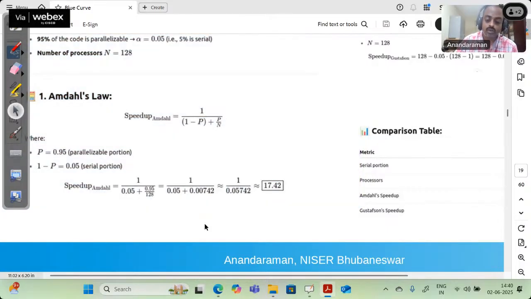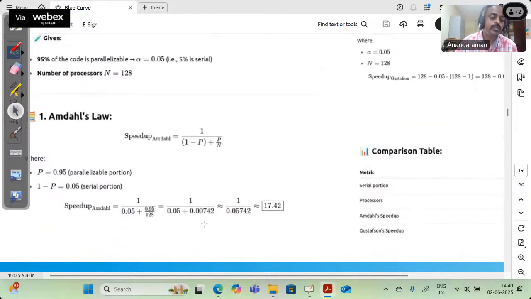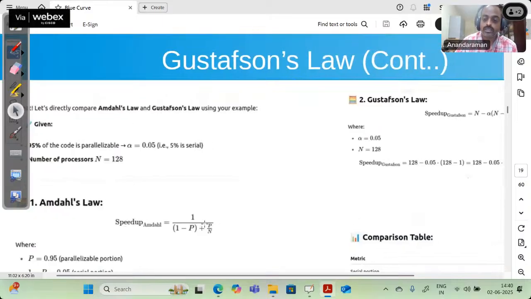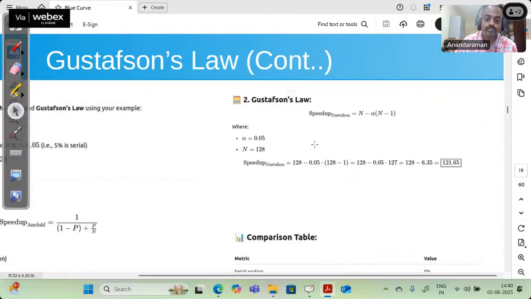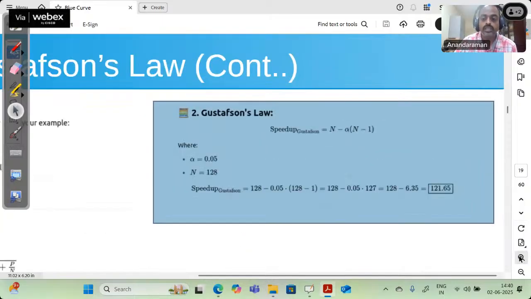Now, Amdahl's law does not define whether the problem will scale or not. But Gustafson law discusses scaling. The Gustafson law formula is n minus alpha times (n minus 1). n is the number of processors you are going to use, that is 128.